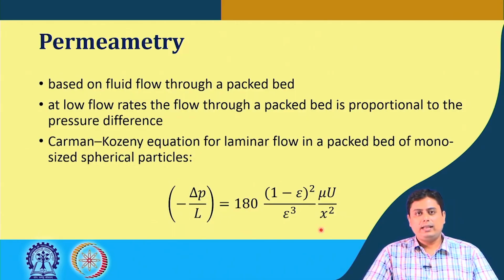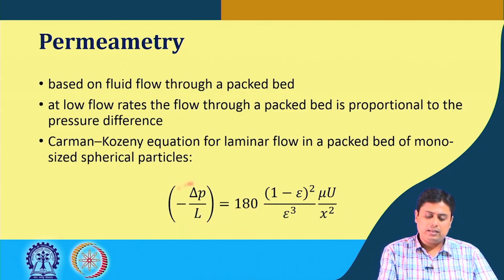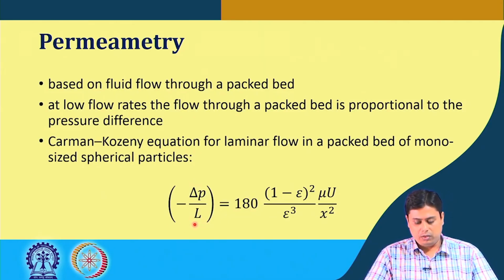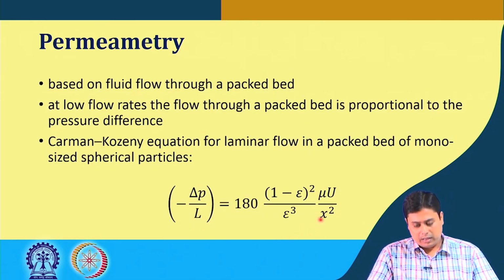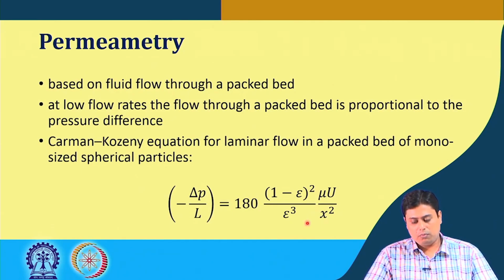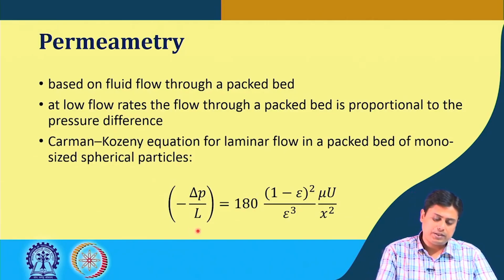You can see that the del P by L, the pressure gradient per unit length, has a relation with the particle size to the power 2, the square of the particle size, which is inversely proportional to this pressure gradient.